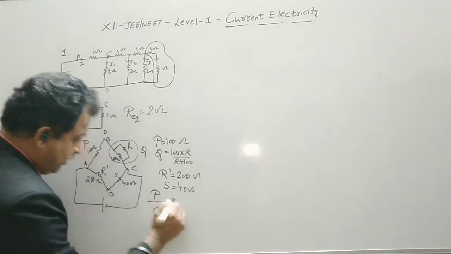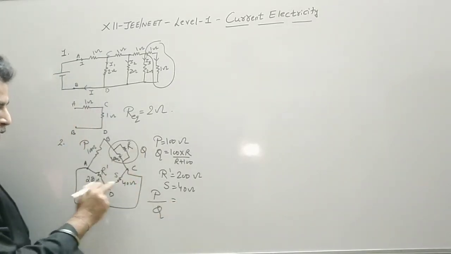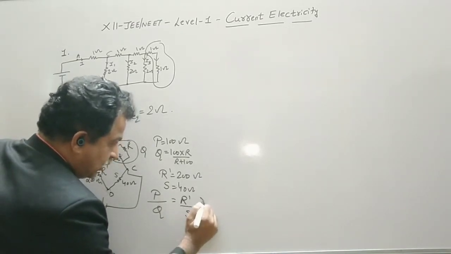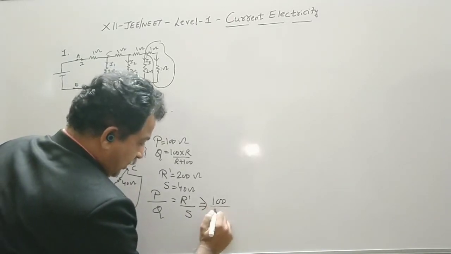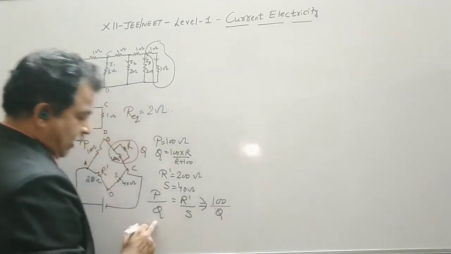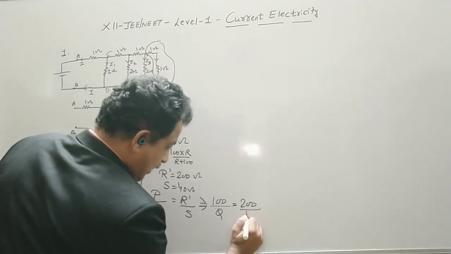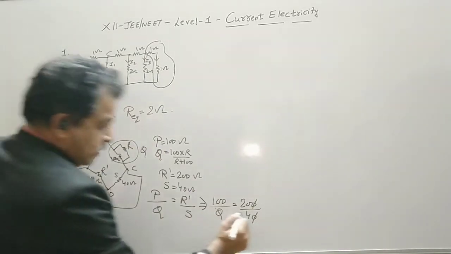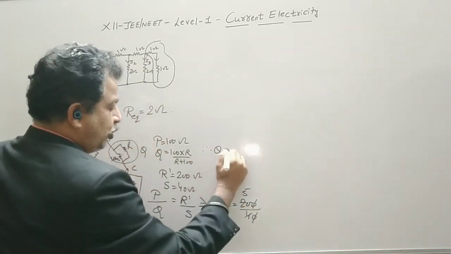The ratio of P and Q is equal to the ratio of R dash upon S. So this implies 100 upon Q is equal to R dash, that is 200 divided by 40. So it becomes 5. So Q is equal to 20.